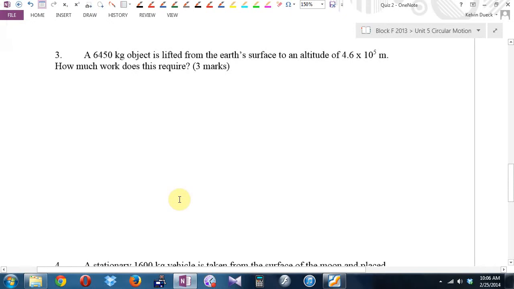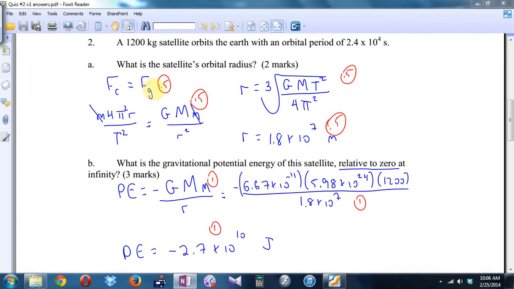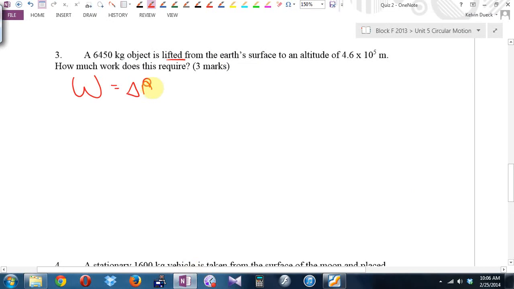How much work? Now, the fact that we're lifted, we're not in orbit, so work is change in potential plus change in kinetic. Since we're just lifting it up there, that implies it's just hanging there, little invisible angels or something holding it up, so the change in kinetic is 0.